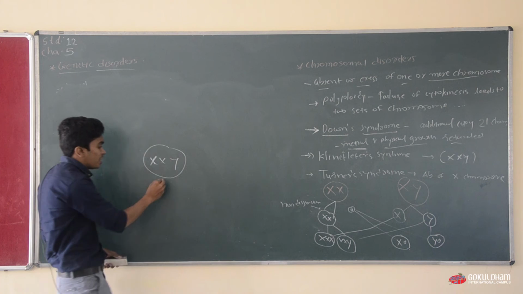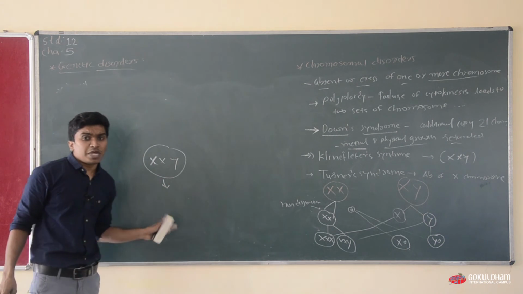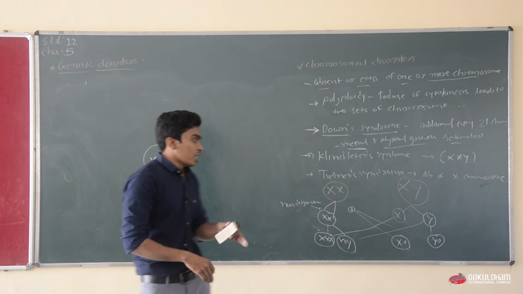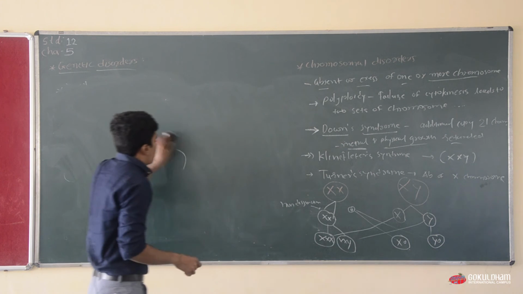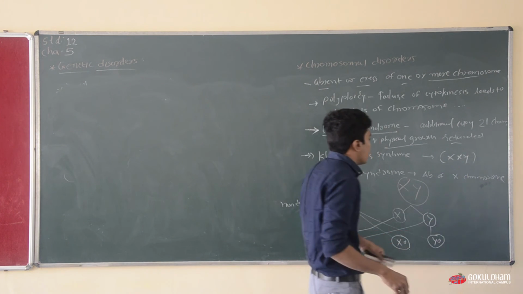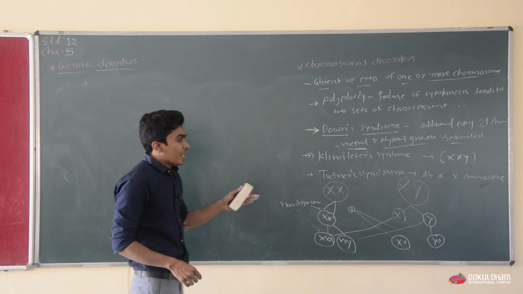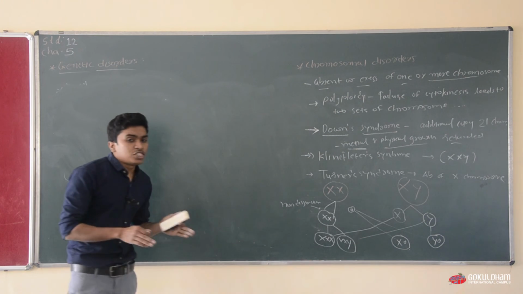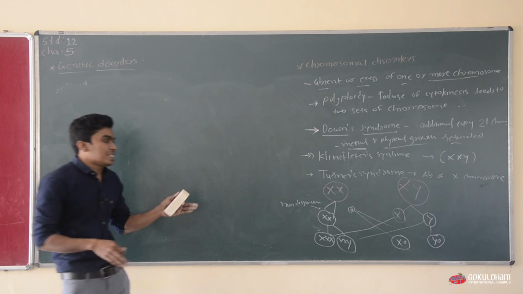So as a result, this man will produce some female characters. Okay, and then the third one is Turner syndrome, in which there is absence of an X chromosome. It leads to the formation of a disease or disorder known as Turner syndrome.